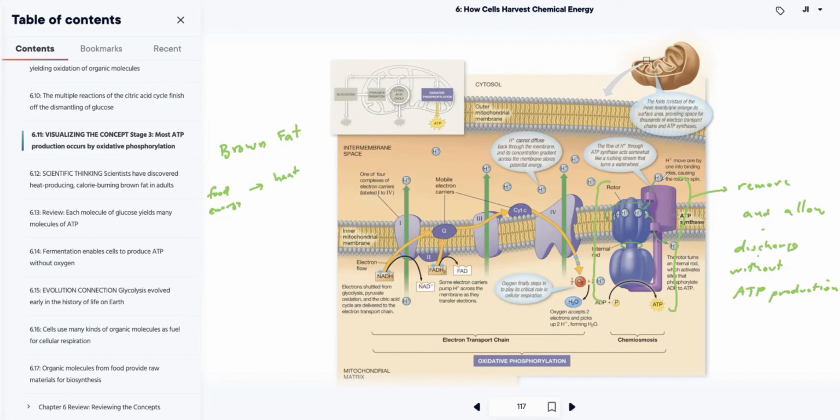If I said protons, hydrogen ions are protons. If these hydrogen ions were allowed back into the inner matrix for free without generating ATP, then in effect, we would be consuming all the food energy, but we wouldn't be producing ATP, right?